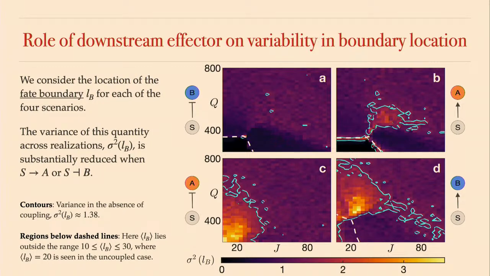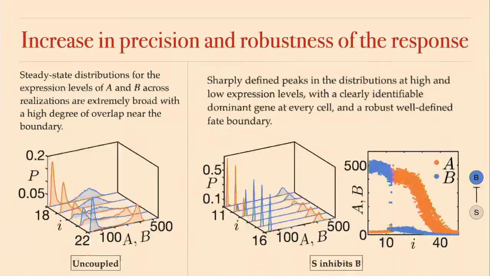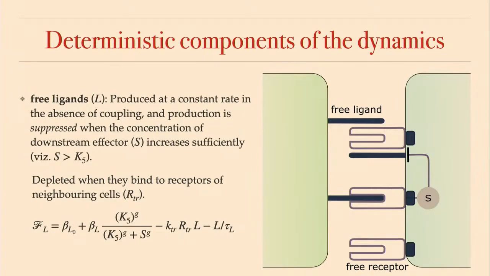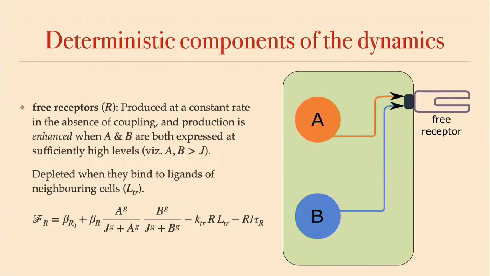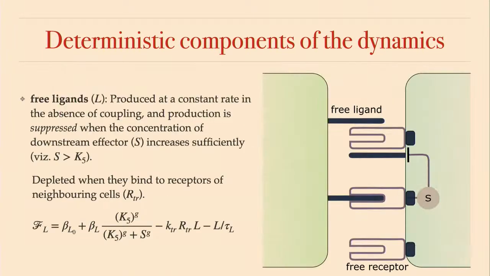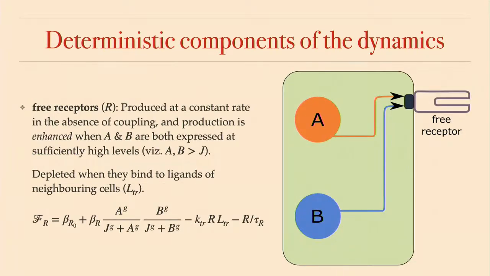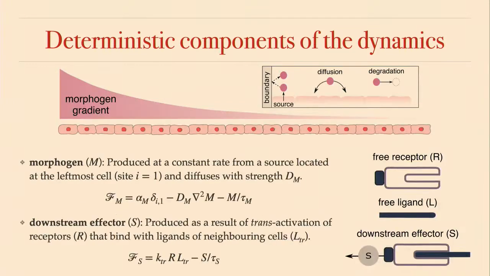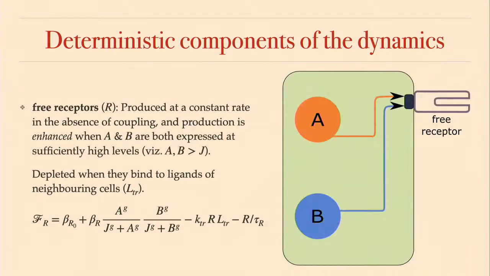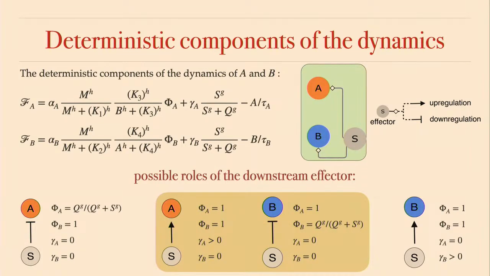What we're showing over here is that these two parameters, Q and J, are related to the threshold. Remember, we said that A and B should be above some threshold. We're just calling that J. And this threshold Q is what appears here as well.